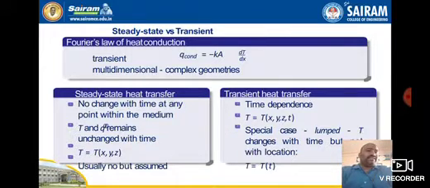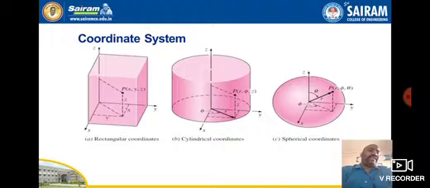So there are three types of coordinate systems: rectangular, cylindrical and spherical. In rectangular coordinates, we consider x, y, z as the coordinates. In cylindrical, r, phi and z are the coordinates, and in spherical, r, theta and phi are the coordinates.